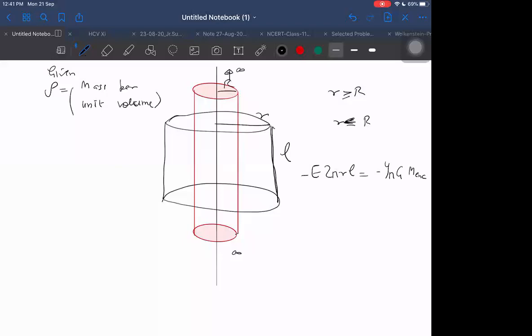The mass enclosed is rho into pi R square L. Then E comes out to be equal to 4 pi G rho pi R square L divided by 2 pi rL. The L cancels, and one pi cancels.